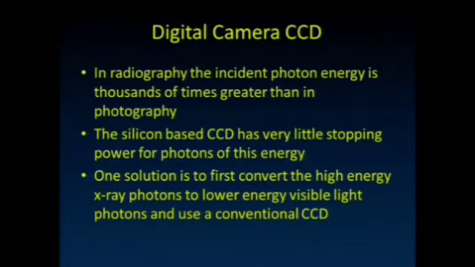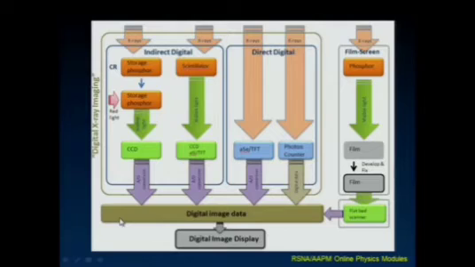Why don't we use a similar thing and just put that on the backside of the patient and take a picture there? The reason for that is those amorphous silicon transistor-type CCDs, those charge-coupled device arrays, have no stopping power for high-energy X-rays, right? So that kind of system doesn't work. You really need an indirect system in order to make that work. You'll convert that energy from high energy to low energy and then detect.